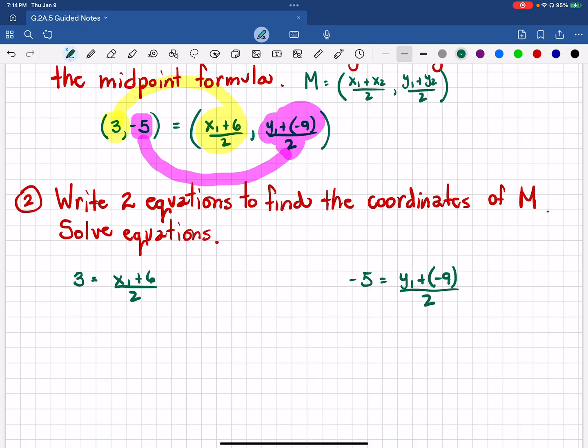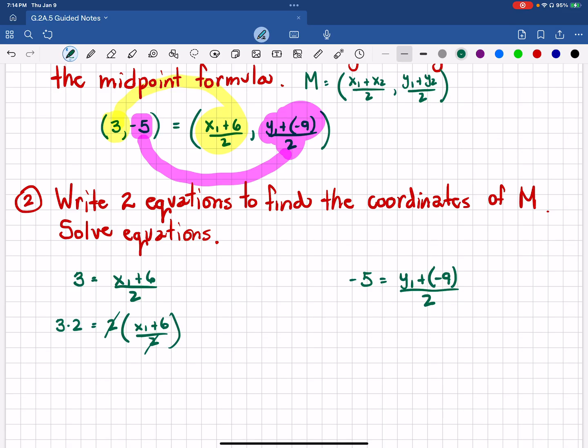I'm going to start with my x1 first. So I'm going to get rid of this 2 that's in the denominator so that I don't have to work with fractions. The way I do that is I multiply both sides by 2. I'm going to multiply the left side by 2 and the right side by 2.